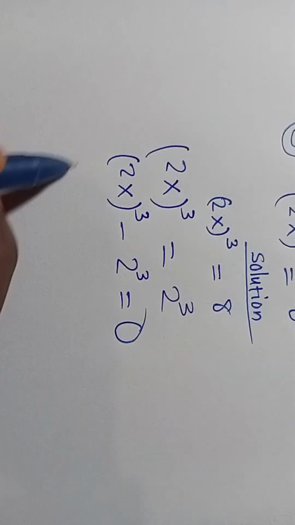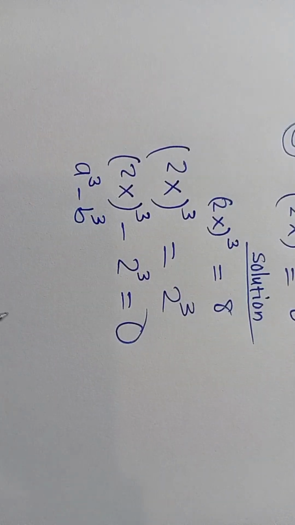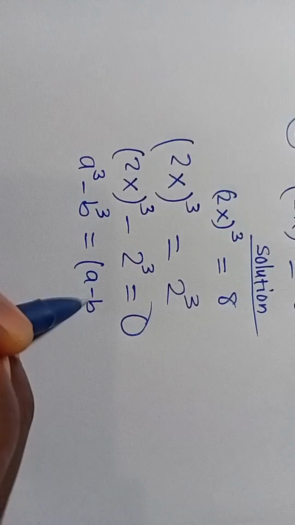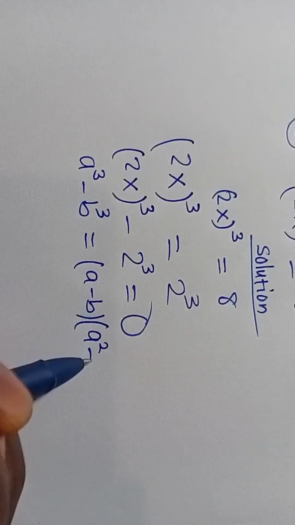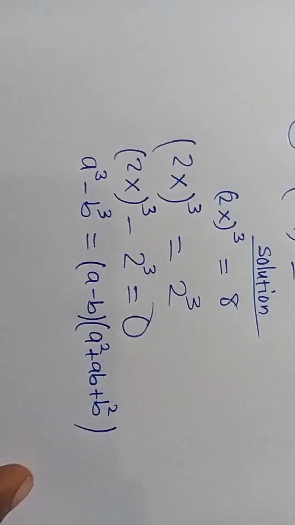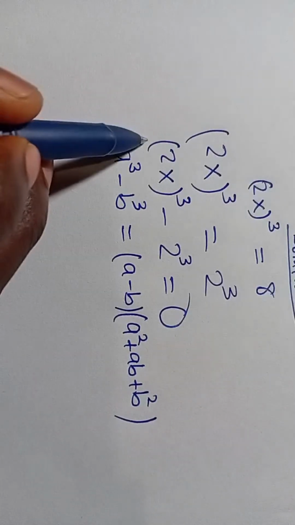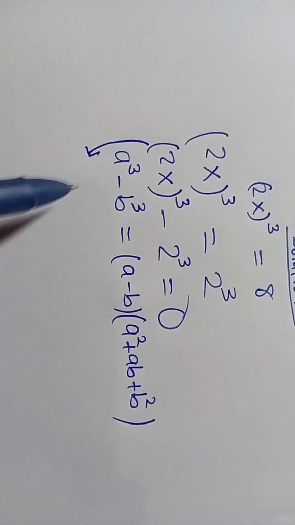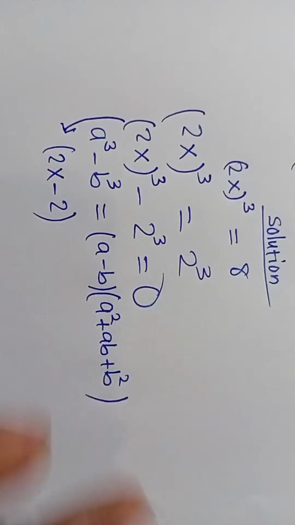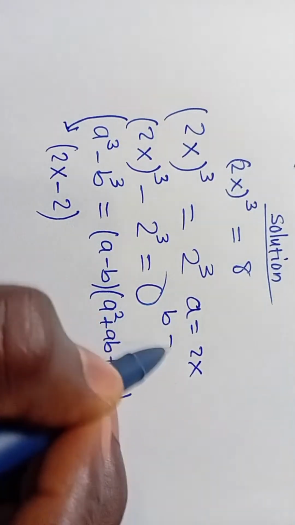So let's also recall that when we have a to the power of 3 minus b to the power of 3, we call this difference of two cubes. And this also equals a minus b times a squared plus ab plus b squared. So when we apply it here, what we are going to have will be 2x minus 2, because obviously our a equals 2x, our b equals 2.